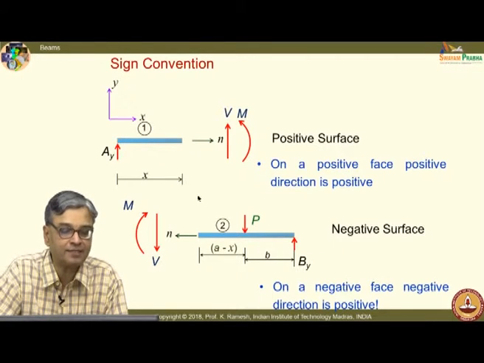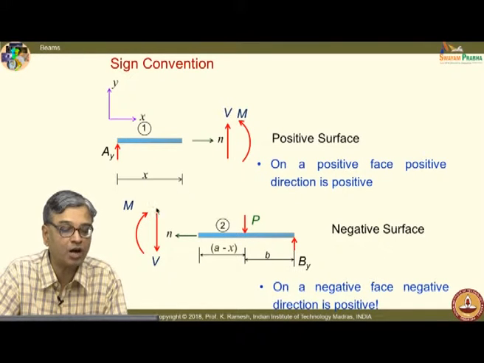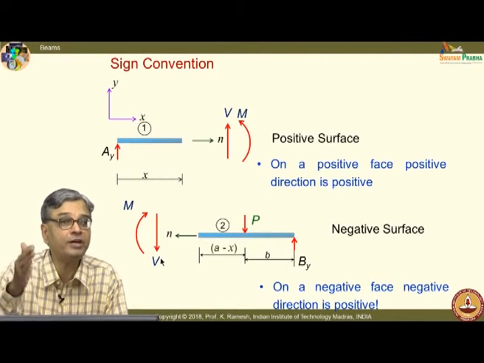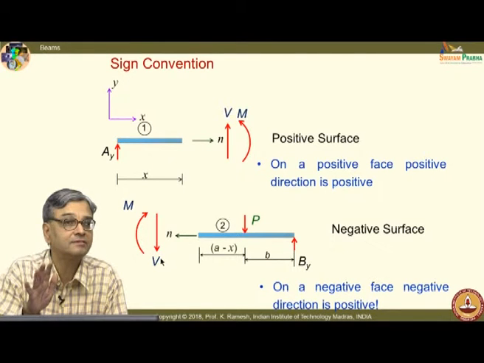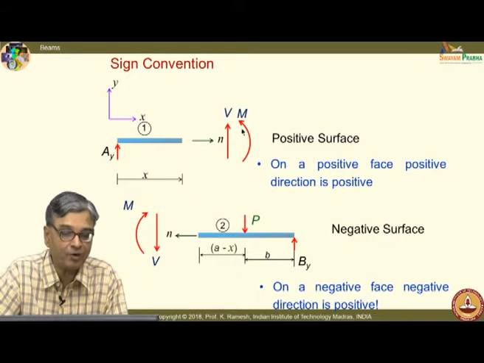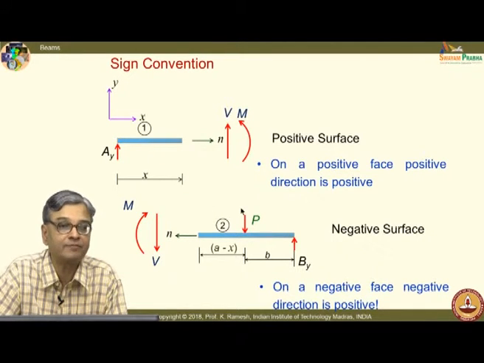Suppose I analyze this free body in my summation of Fi equals 0, how would I put V? V is in the negative direction, so I will put it as minus V. Please understand that. When you start writing the free body, because this is a continuous member, I need to follow a convention.